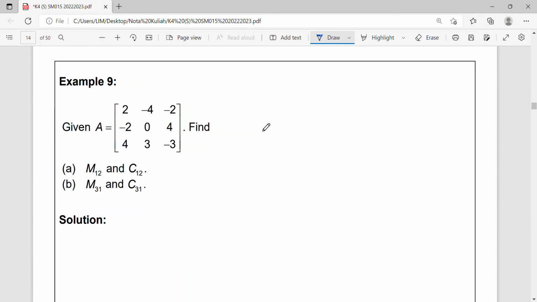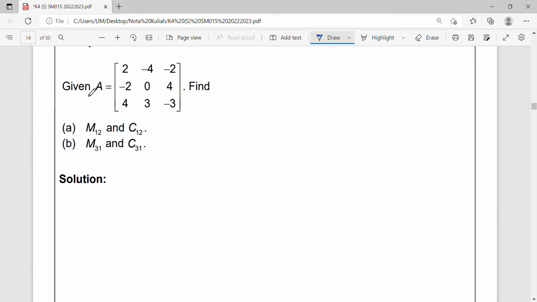So let's see this example. Matrix A, we need to find minor 1, 2 and cofactor 1, 2. For minor 1, 2, we eliminate the first row, second column. So we do the determinant of -2, 4, 4, -3.